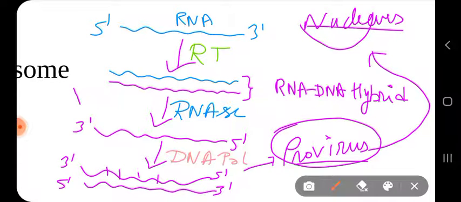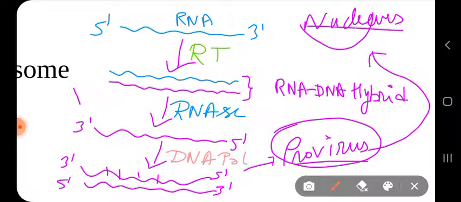Now, how is it possible? Before using this retrovirus as a vector, researchers use certain biochemical methods to convert the harmful retrovirus into a harmless one.